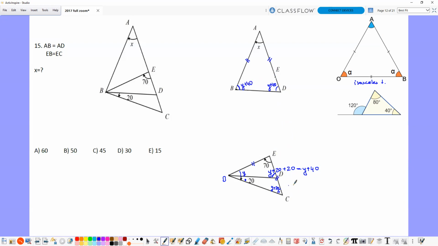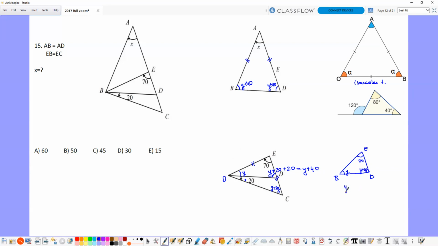Before finding that one, I have to find here in the triangle EBD, I'm sorry, EBD. This is 70. This is what I named y, and I found now this is y plus 40.